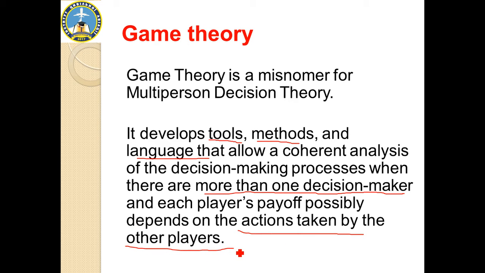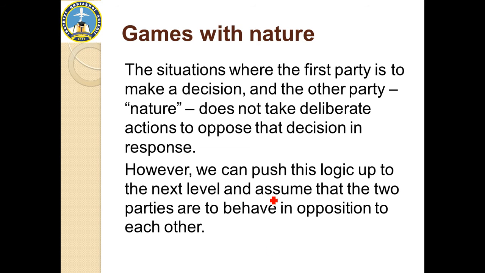In previous decision-making procedures, we played with nature, which didn't play on purpose against us. There were situations when the first party is to make a decision, and the other party, the nature, doesn't take a deliberate action to oppose their decision in response.